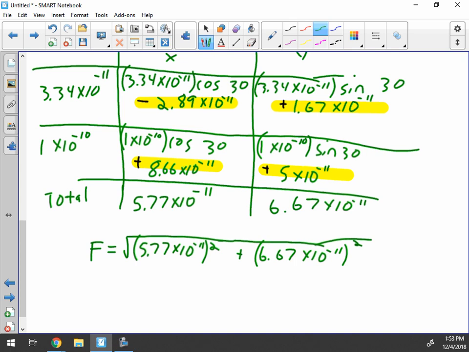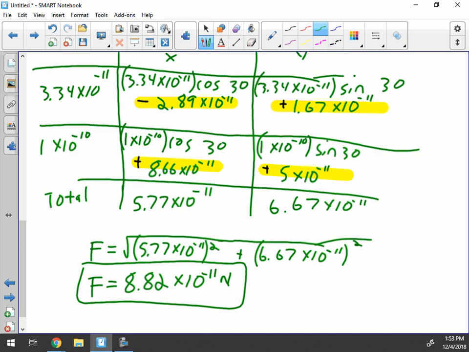And I enter that into the calculator, and I get a final force of 8.82 times 10 to the power of negative 11 newtons. And that's my final answer. Of course, I could also find the angle if I wanted to. I could use sine, cosine, or the tangent to find the angle.